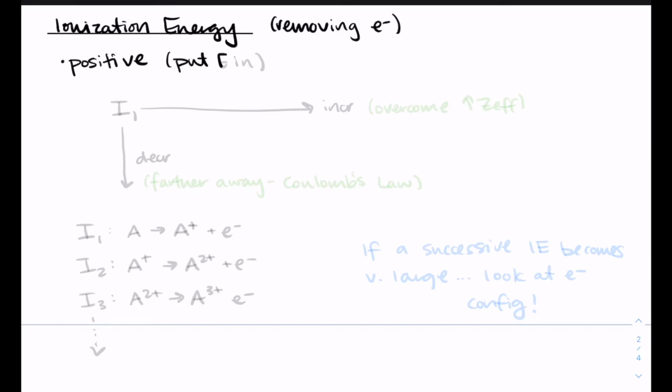Across a row, so from left to right, the ionization energy increases, the first ionization energy. So imagine we have lithium and we have fluorine as the two extremes on row 2. Imagine taking an electron away from lithium versus taking an electron away from fluorine. Well, we know that lithium is going to be pretty happy to give up that electron because it does all the time.